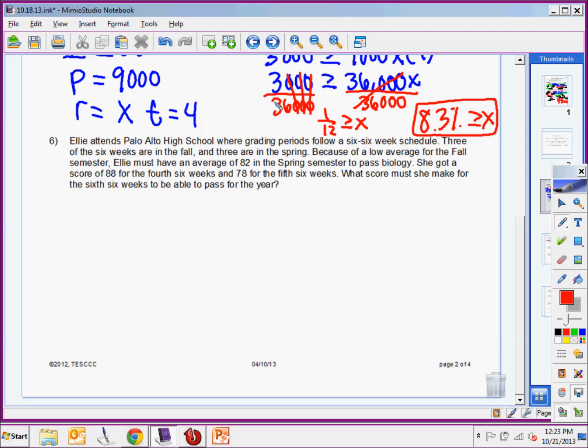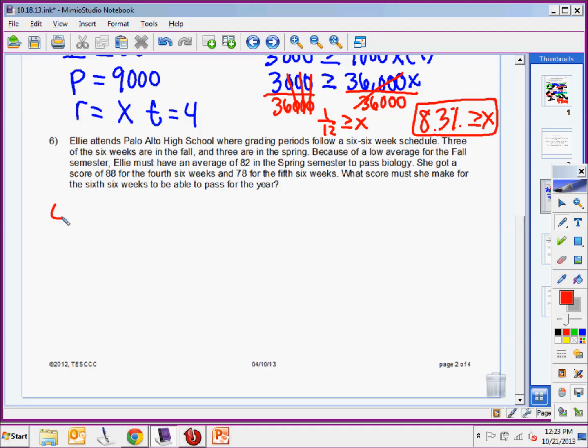All right, so what happened here is Ellie failed biology her first semester. And since she failed biology the first semester, she now has to make an 82 in the spring semester in order to pass biology. So far she has an 88 for the 4th 6 weeks.